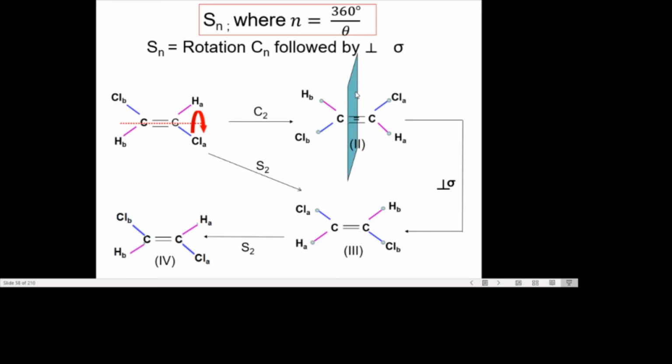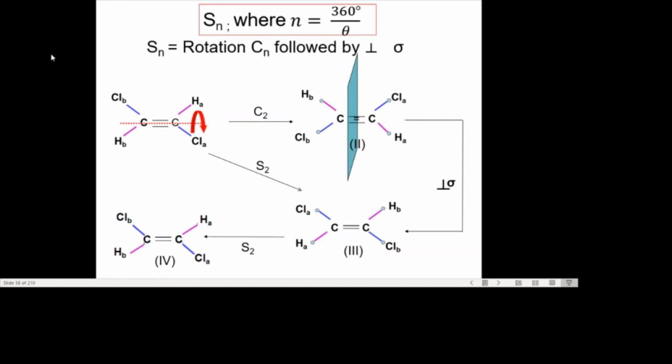So if we consider this is our structure number 1, then after rotation, structure number 2. After reflection through the perpendicular plane, we are obtaining structure number 3. So from structure number 1 to structure number 3, it is the complete operation of S2. Now, as we have discussed, I will perform the S2 operation on structure number 3.